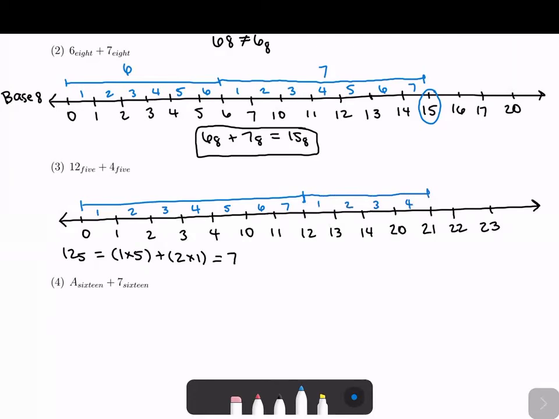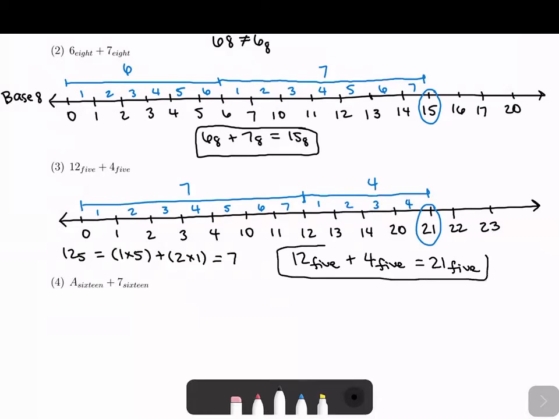Okay. So we went over 4 units, and where did we end up? Right here at 2, 1. So this tells us that 12 base 5, and I'm just going to write it in words so that it's clear, plus 4 base 5 is 21 base 5. Okay, that's going to be our answer.